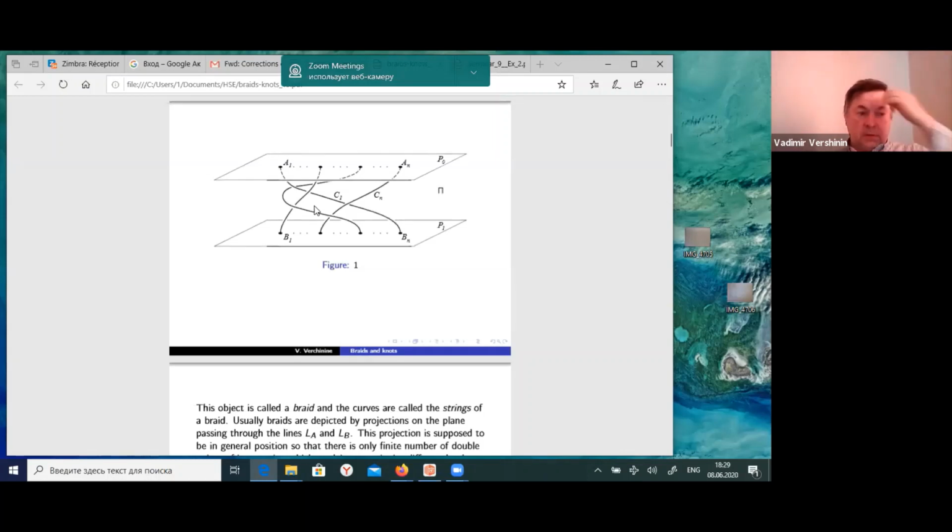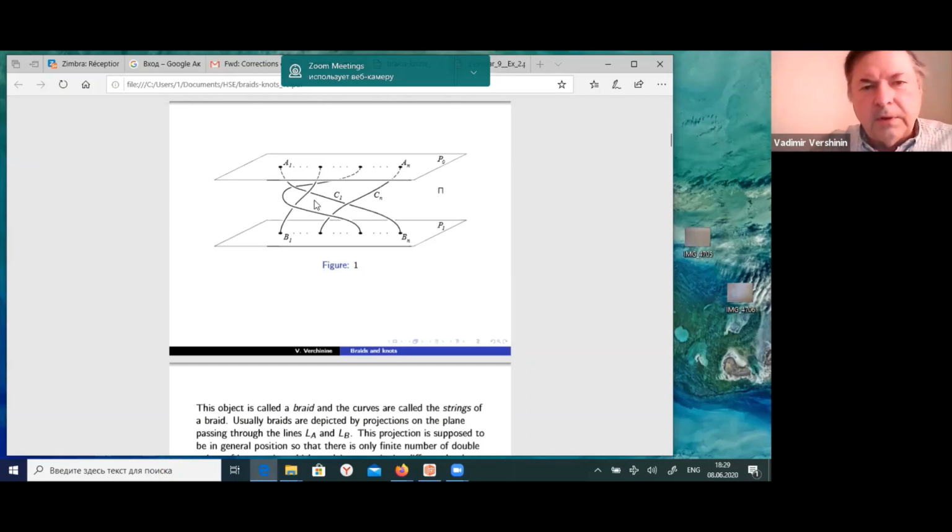But as we are considering everything up to isotopy, you can, of course, move this picture, but you should move this picture in the class of braids. So you are not allowed to do again this up and down this picture of the sine function.